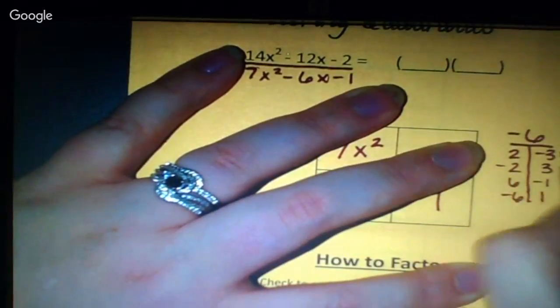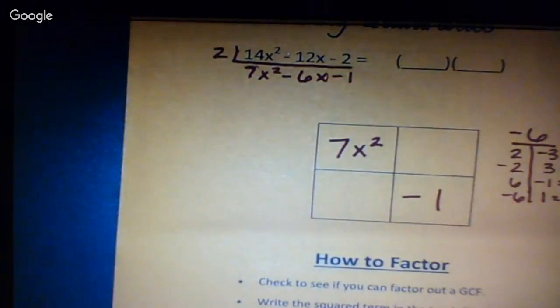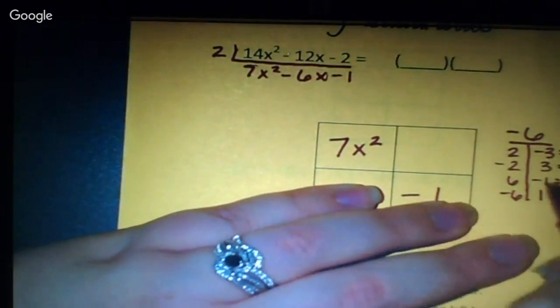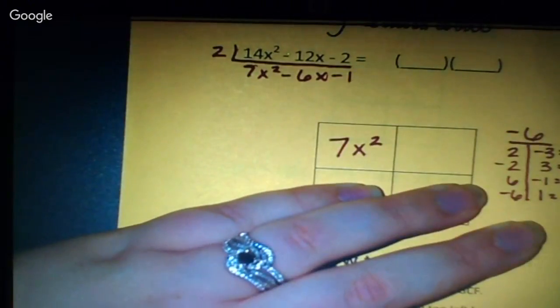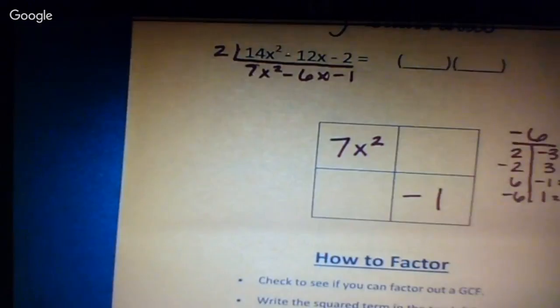Now I need you to add all of these. If I do 2 minus 3, that leaves me with negative 1. And then negative 6 plus 1 is negative 5. We want to pick the numbers.